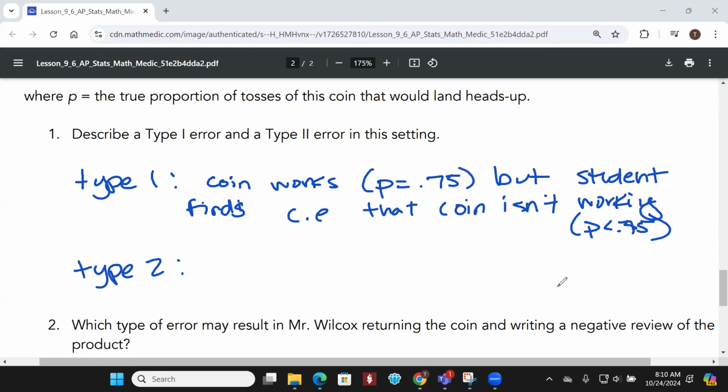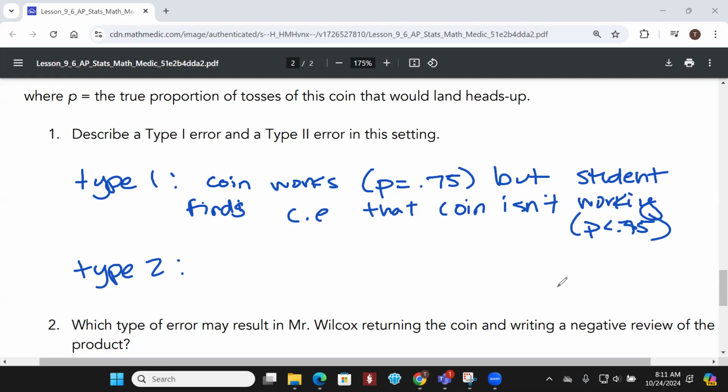This is an error in the process. Because it says 0.75 of the time, so if this kid ran a sample and got something less than 0.75, then it's not working properly, so we have convincing evidence that the alternative is true.